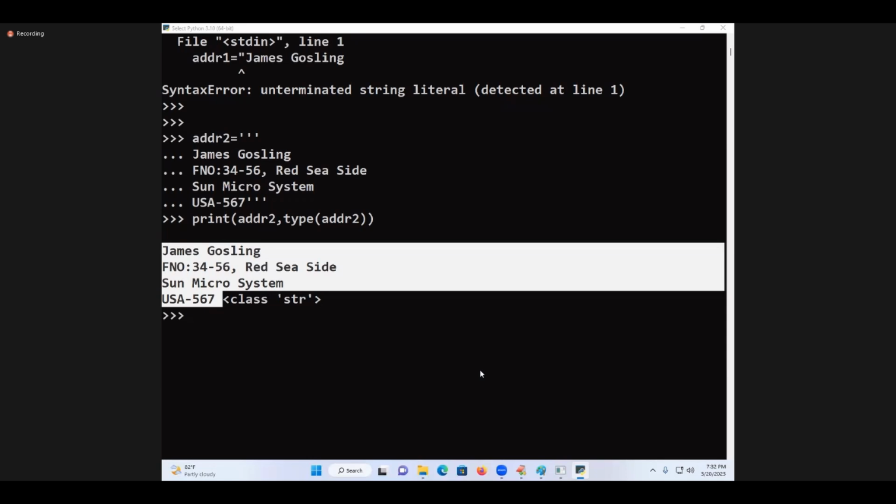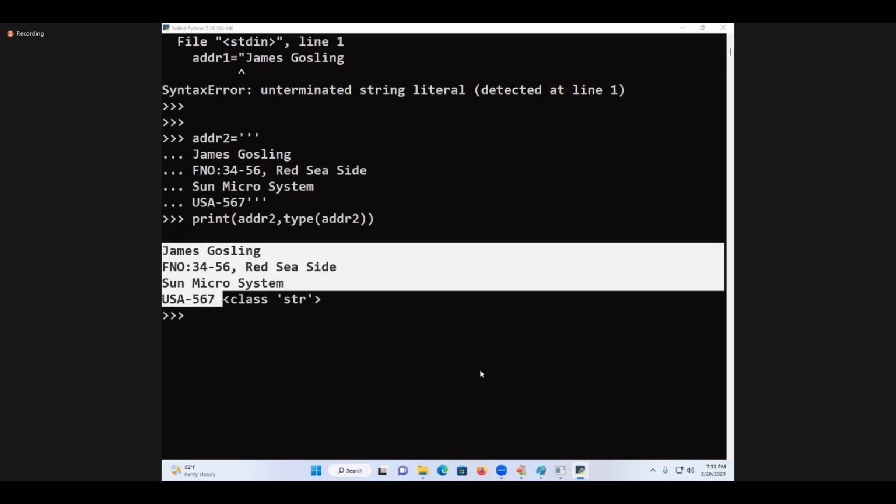Understand? How many notations overall? Four. Double quotes, single quotes, triple double quotes, triple single quotes. They are called notations. Types of strings are single line string data and multi-line string data.